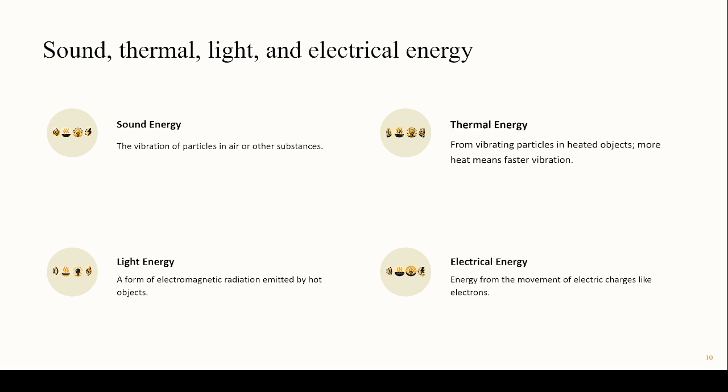And then the other form is electrical energy. Obviously, electricity is electrical energy. Your bulb lighting is electrical energy. But if you want to talk about it scientifically, it is energy from the movement of electric charges.